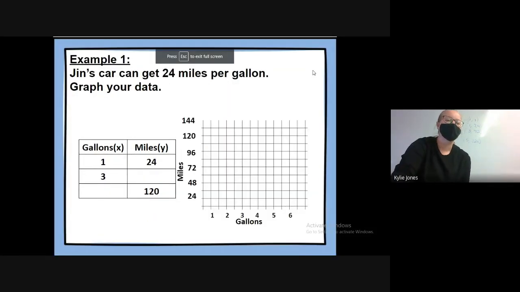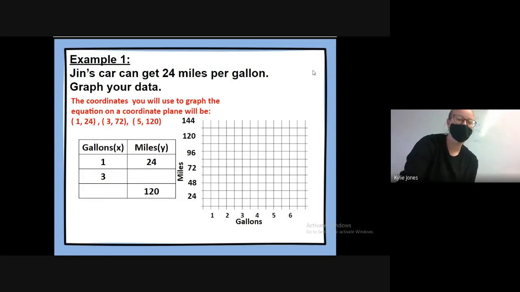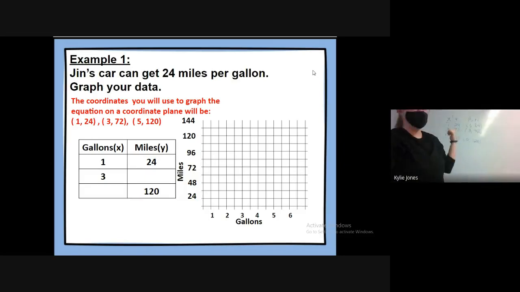So looking at the next page, example number 1 again, because it's the same data. This is what I just wrote behind me. We created ordered pairs out of the x's and the y's, correct? Our first one was 1, 24. So we would go over 1, because that's the amount of gallons, and up 24, and draw a dot right there.